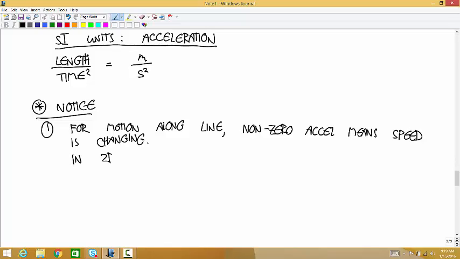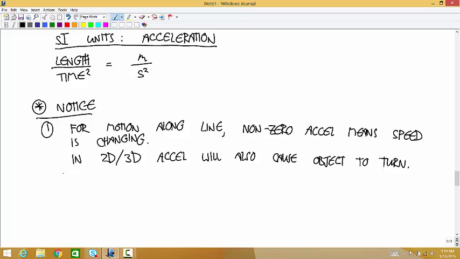In 2D and 3D, acceleration will also cause the object to turn, although it can change the speed too. Second, whether the object is speeding up or slowing down.